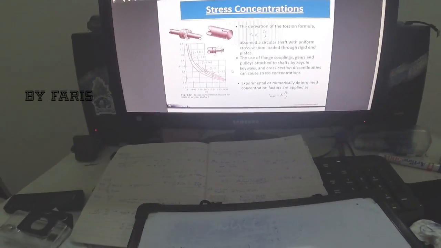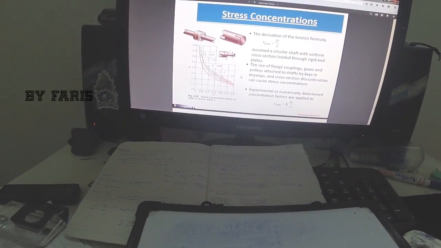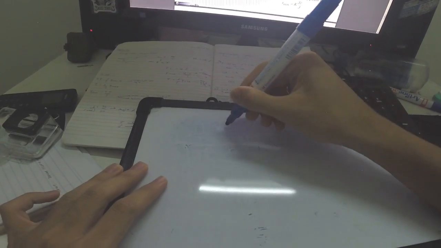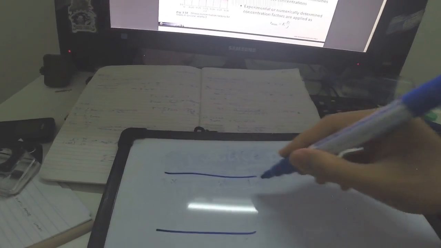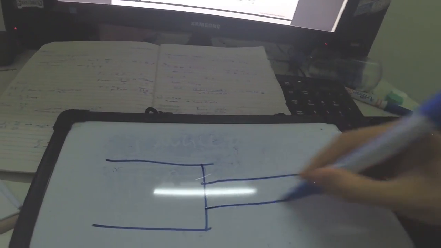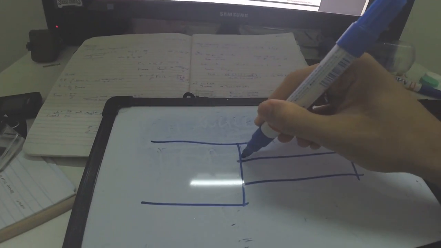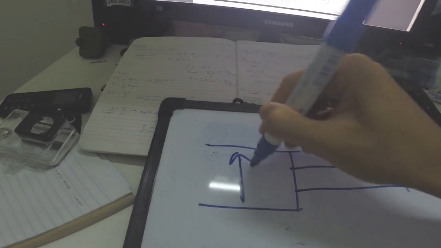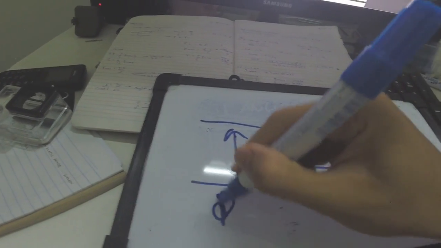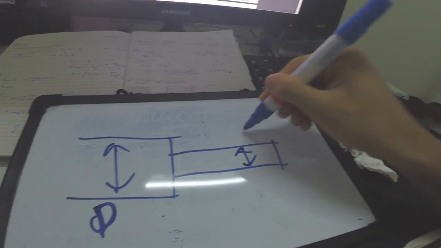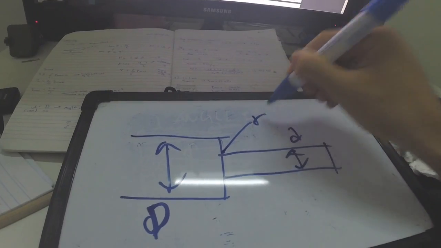Okay, so now we must know a little bit about stress concentration. If there is a change in our shaft, like this, this is D, the big D, and this is the small d, and this is the radius.